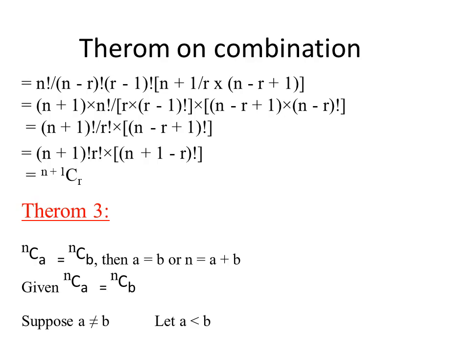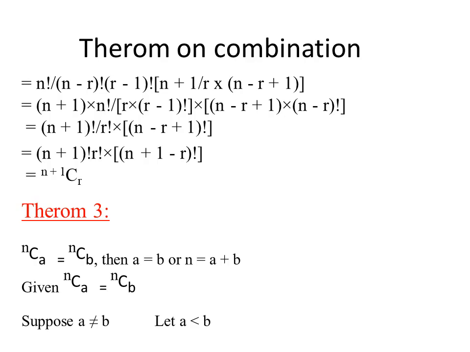That is equal to (n plus 1) into n factorial by r into (r minus 1) factorial into (n minus r plus 1) into (n minus r) factorial, that is equal to (n plus 1) factorial by r factorial into (n minus r plus 1) factorial.